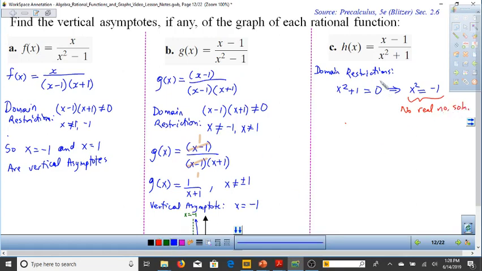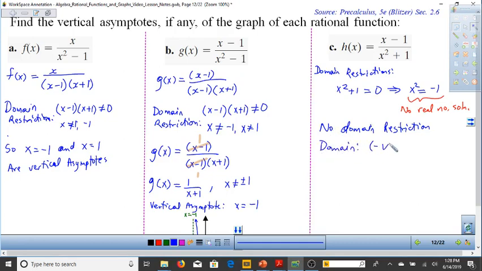So if there's no real number that causes the denominator to be equal to 0, then there are no domain restrictions here. No domain restriction. And so the domain then is all real numbers.